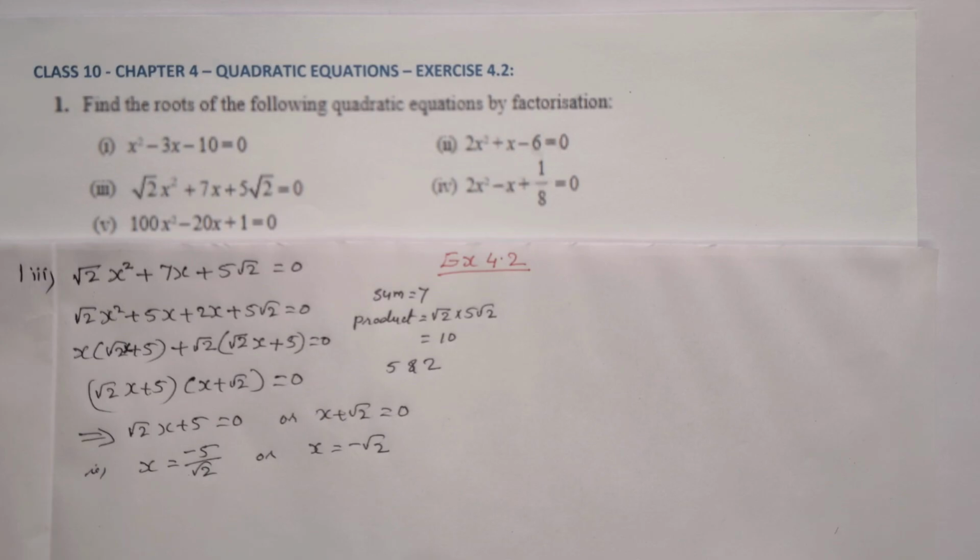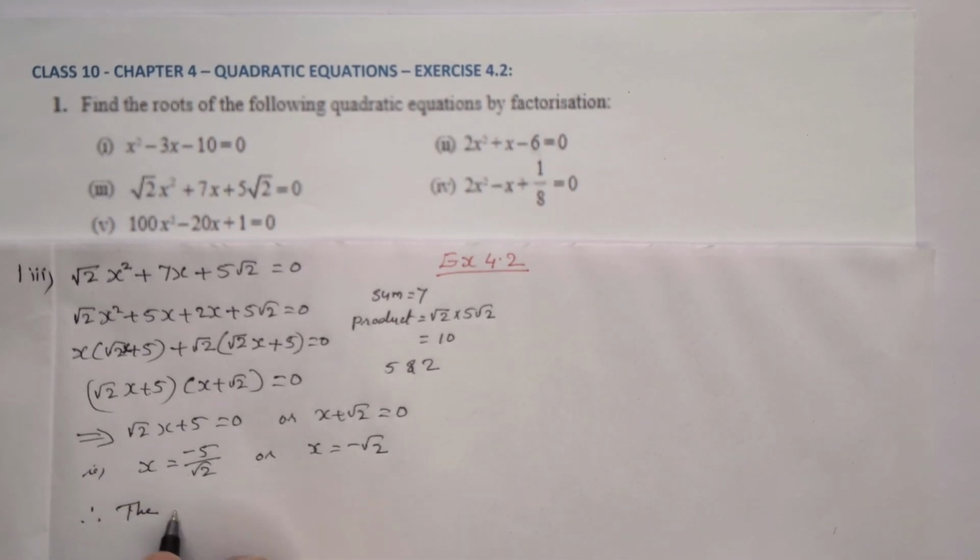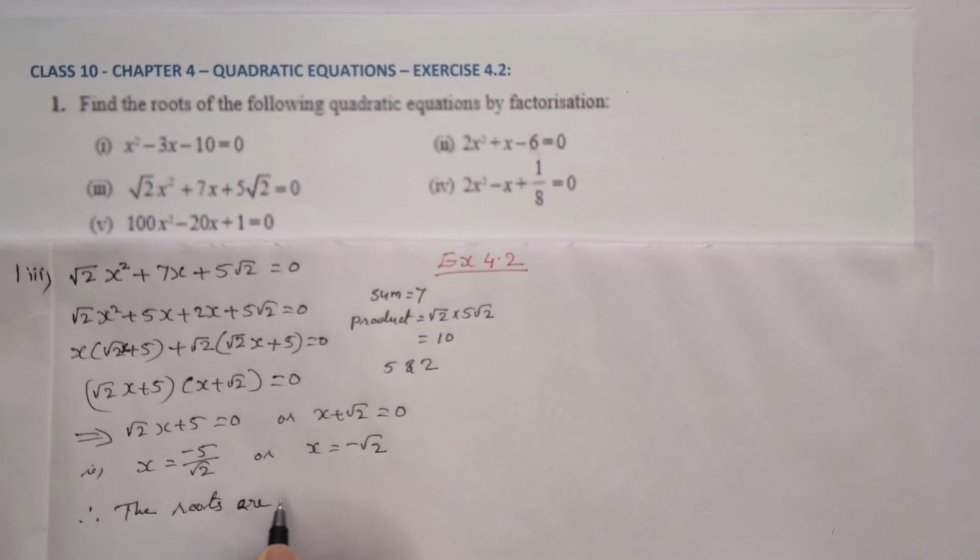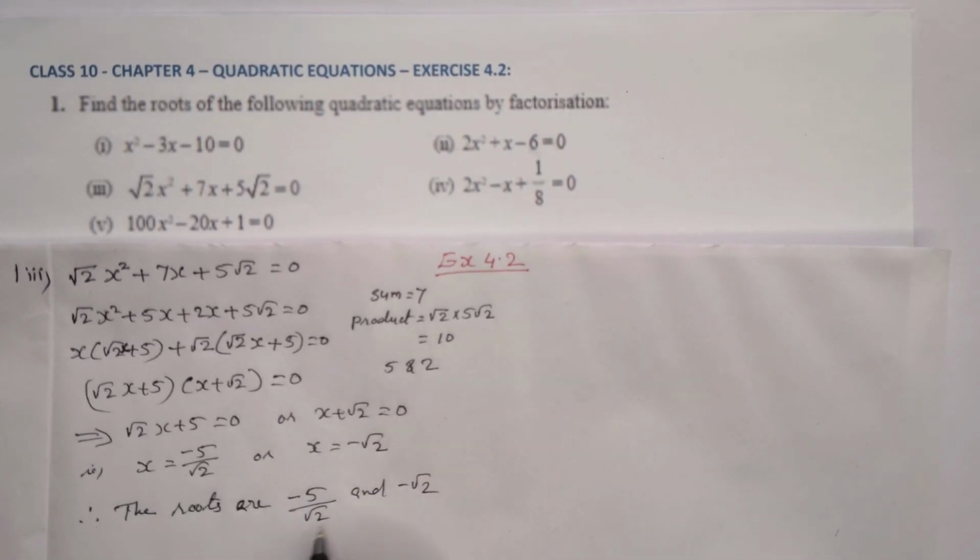So we can write the roots are minus 5 by root 2 and minus root 2.